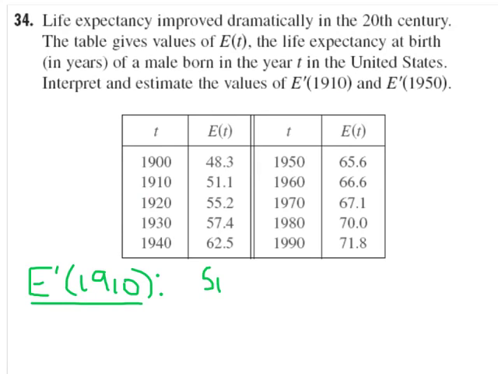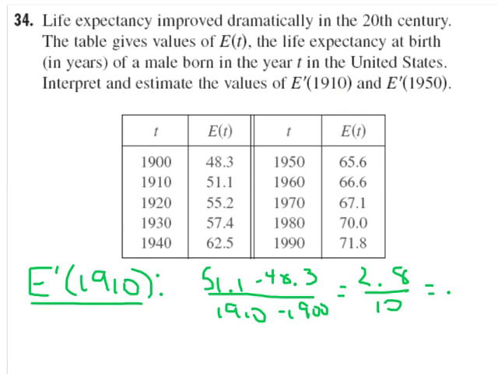So it'd be 51.1 minus 48.3 over 1910 minus 1900, which is 2.8 over 10, and so that's 0.28. If I did check that math, that might be wrong. And no, you can't have bonus if you fix it.